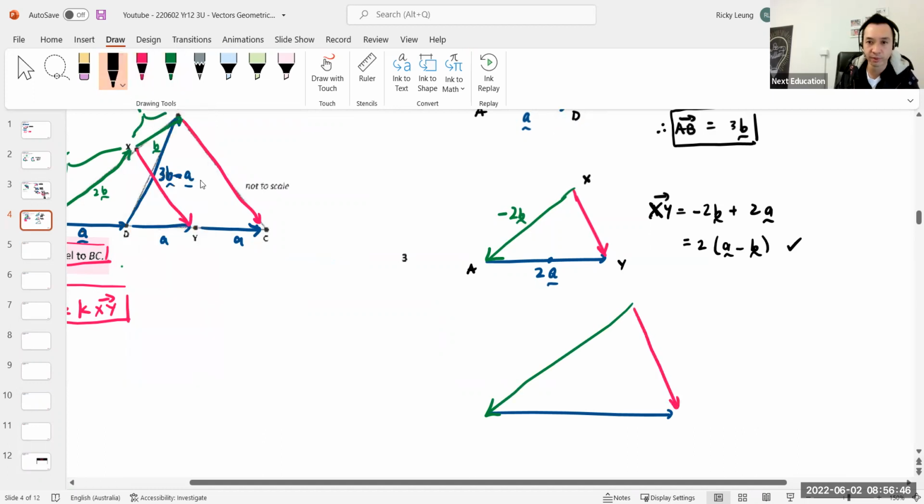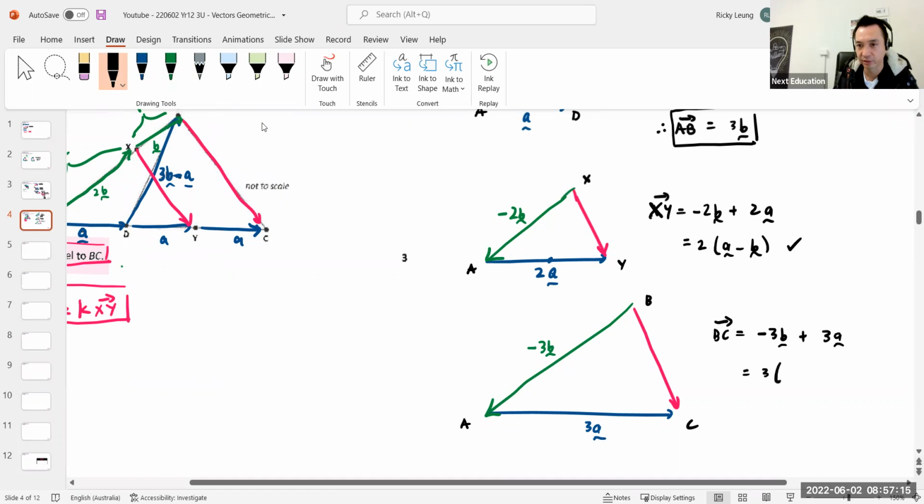So this one here is A, B, C, and I know the green going backwards was 3B going up, so negative 3B going down, and I know because it's 3 lots of A on the bottom of this 3, look at that, it's clearly a ratio. So I can see that BC as a vector equals minus 3B plus 3A.